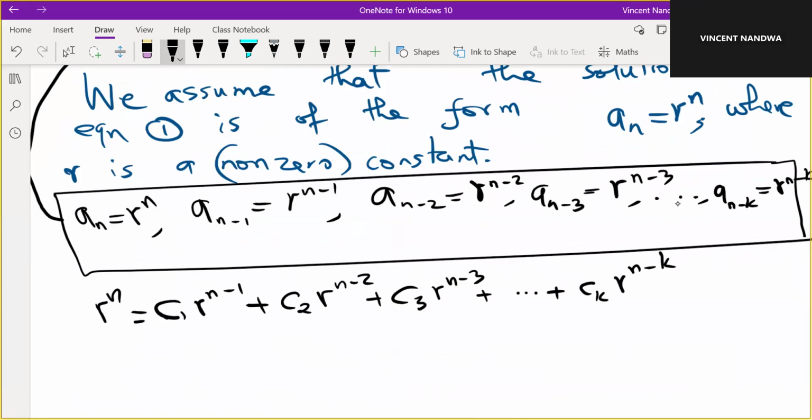So then now, since we have already restricted that r is a non-zero constant, then all these numbers are non-zeros.